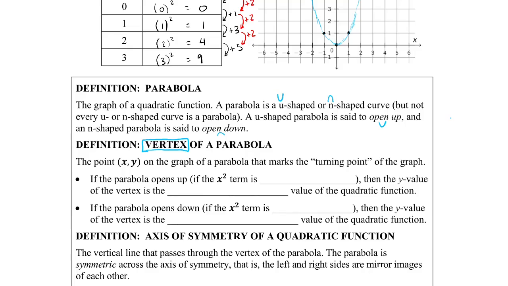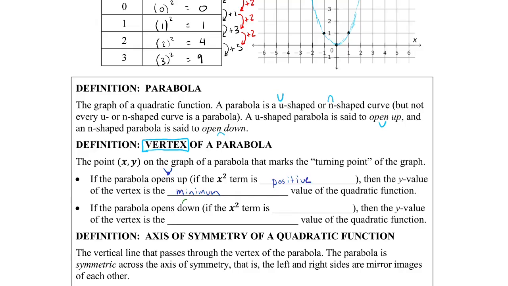So in a parabola that opens up, the vertex is at the bottom. The parabola will open up if the x squared term is positive. And then the vertex is at the bottom, so the y value at that point is the minimum value of the function.